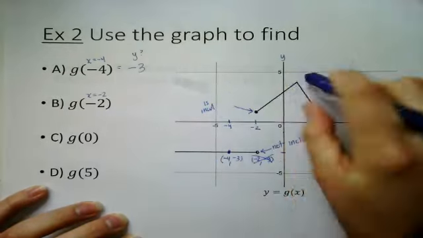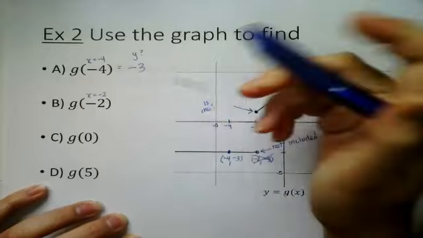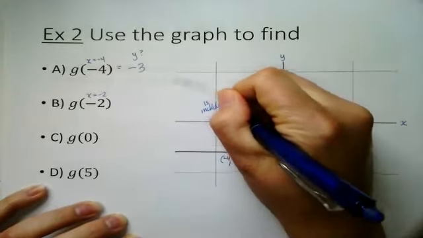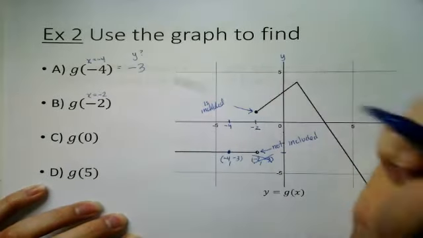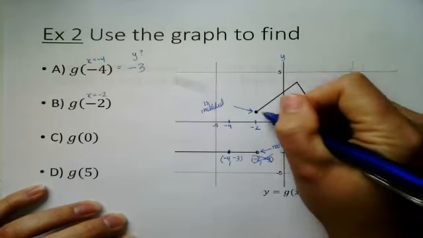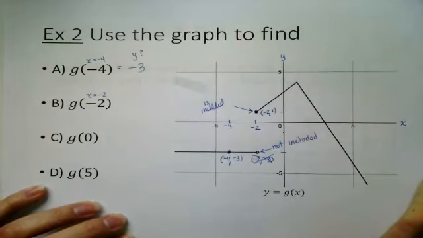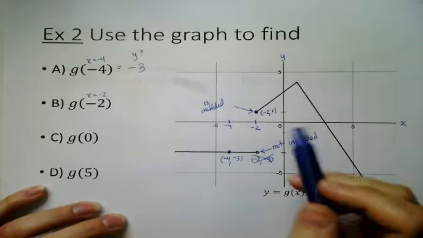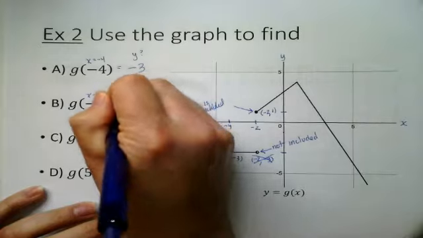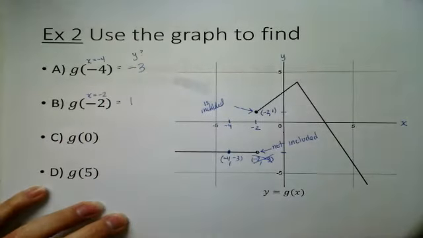See, oh, I spelled it wrong. C-L-U-D-E-D, there we go, is included. And so because it's a nice solid dot, this really is the point -2, 1 in this case. And so we're going to take that answer. g of -2 gives us an output of 1 on our graph.